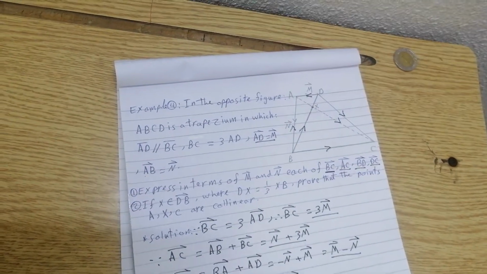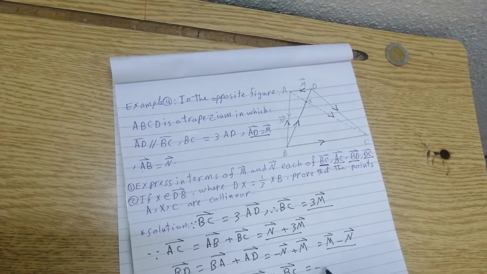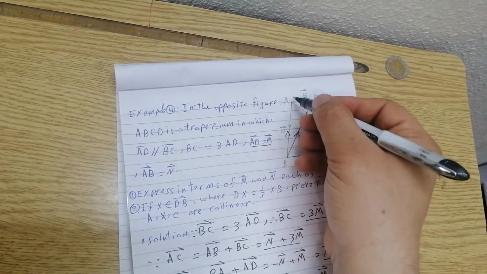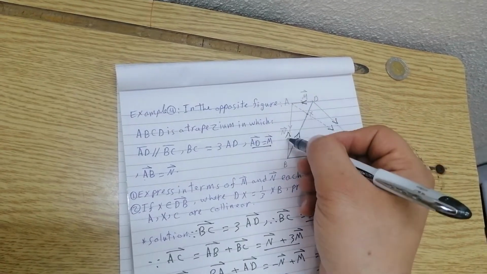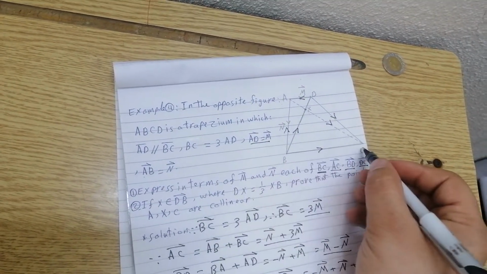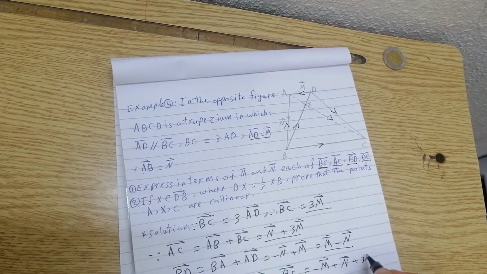So we have here the DA vector, which is the opposite of AD, which is negative m, plus the AB vector, which coincides with the n vector, plus the BC vector, which we have previously given as 3m vector.